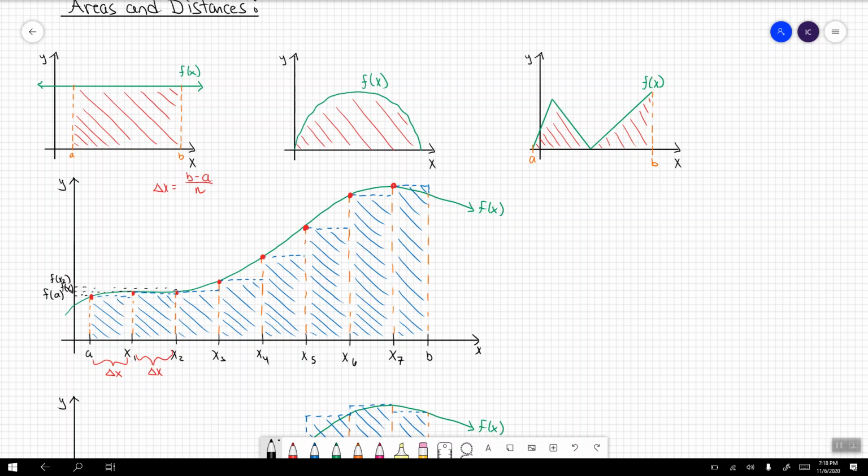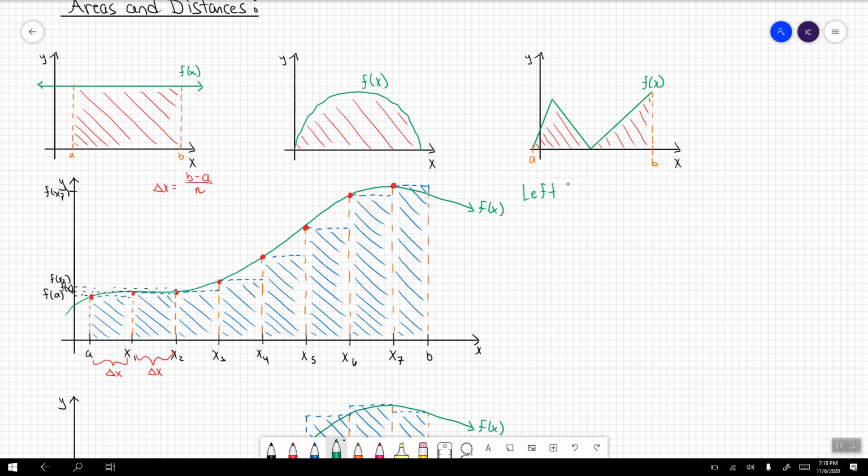And we keep going, so on and so forth, all the way till we get to the very end of this interval where we'll have x sub 7. Now, this is known as your left-hand sum approximation, or left endpoint approximation.